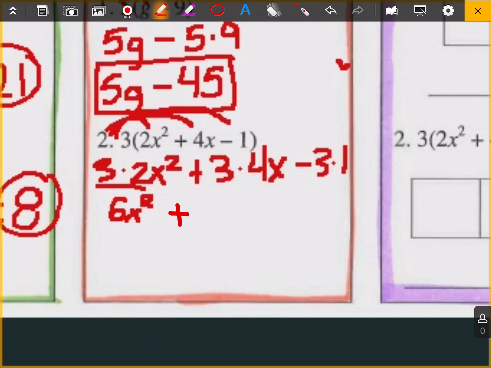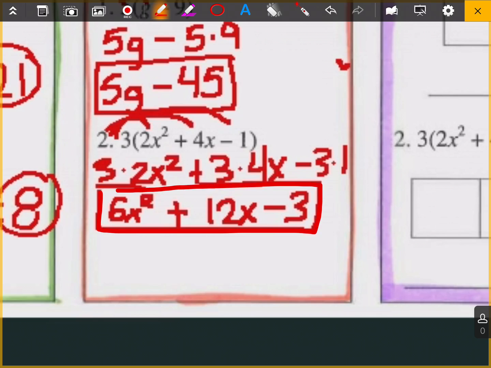Bring down our plus sign, and we're going to do 3 times 4, which is 12, and bring down the x because we can't do anything with it. And then we're going to bring down our subtraction sign, and 3 times 1 is 3. We can't do anything else with this. We can't combine any of those variables or other values, so that is our answer. 6x squared plus 12x minus 3.